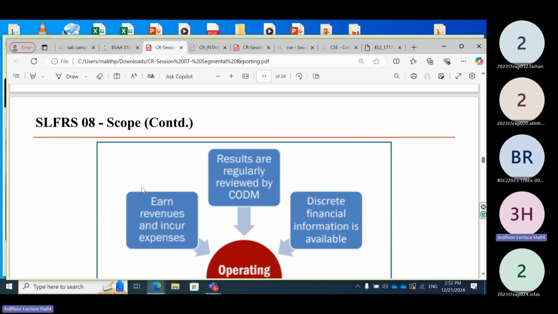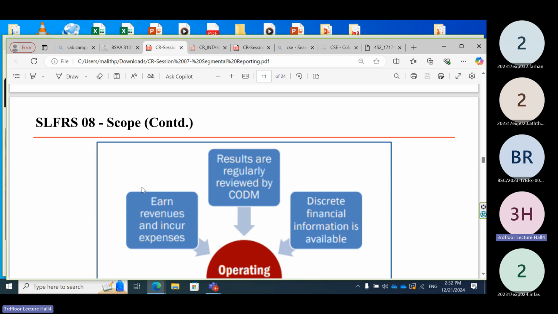In an organization, let's say a manufacturing company, you make soap, perfume, shampoo, cosmetic conditioners, and some other cosmetic items, plus sanitizer. So you have several different productions, so you have different segments, right?